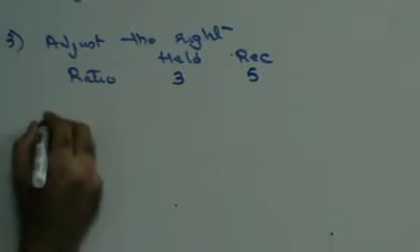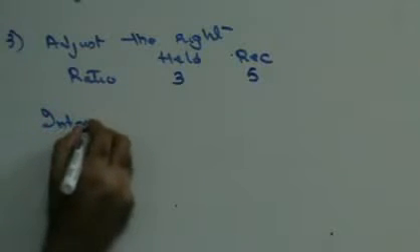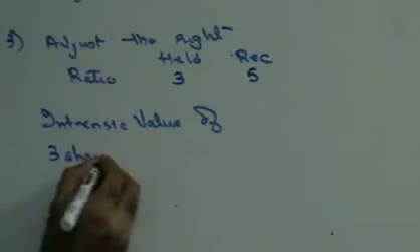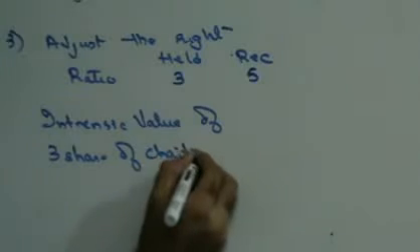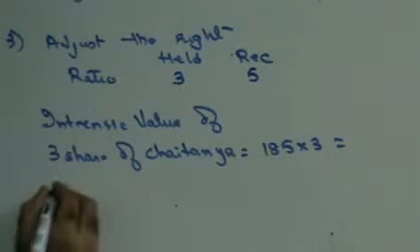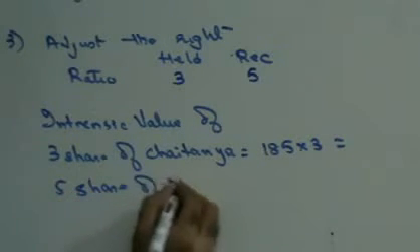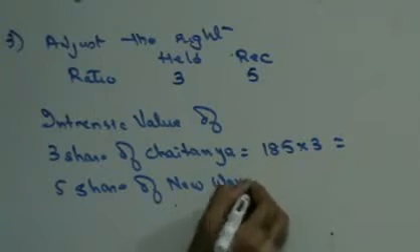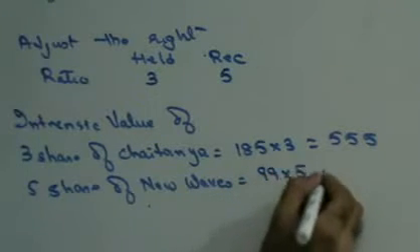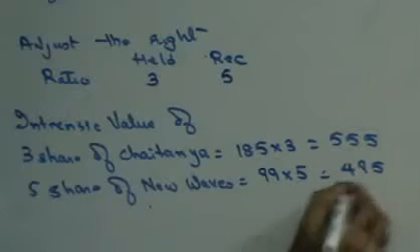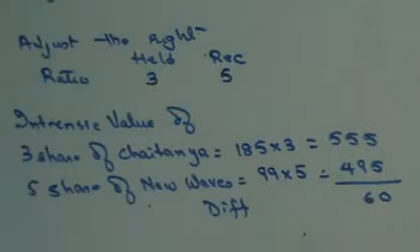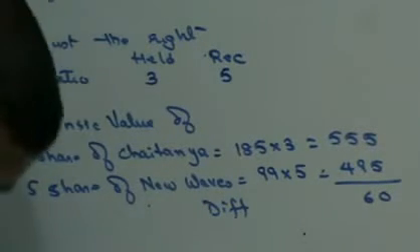So in that case, what will be the intrinsic value of 3 shares of Chaitanya? 1 share of Chaitanya we know is 185, so 3 shares of Chaitanya, someone please find out, and 5 shares of New Wave. How much? 555. Each share of New Wave is 99 multiplied by 5. How much is the difference in the intrinsic values? 60. There's a difference of 60 rupees in the intrinsic value of the 2 sets of shares.